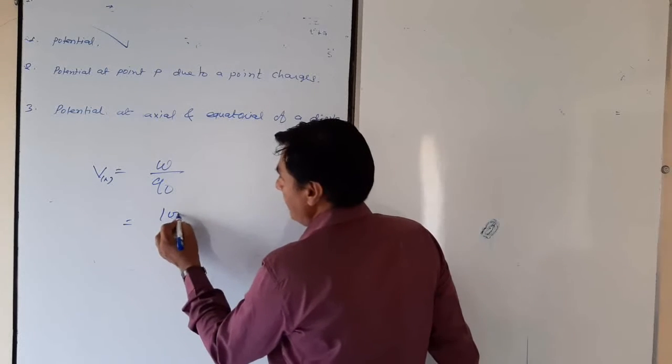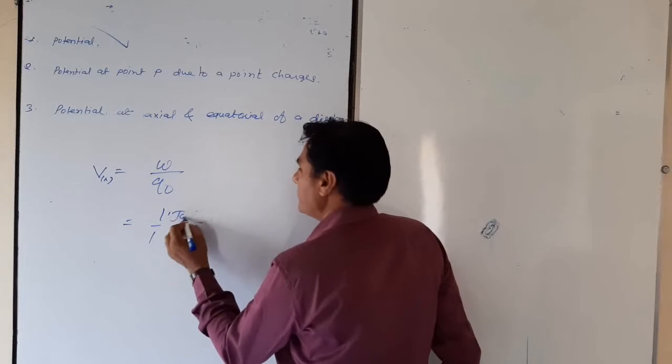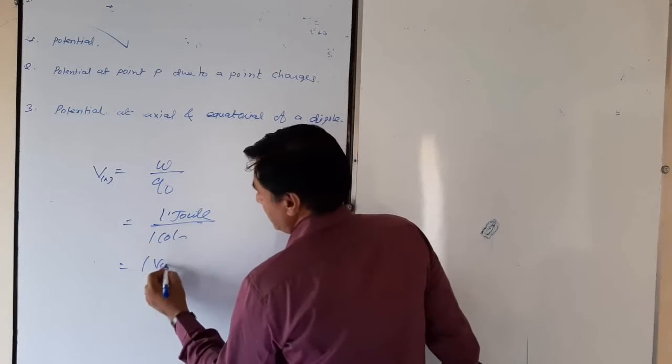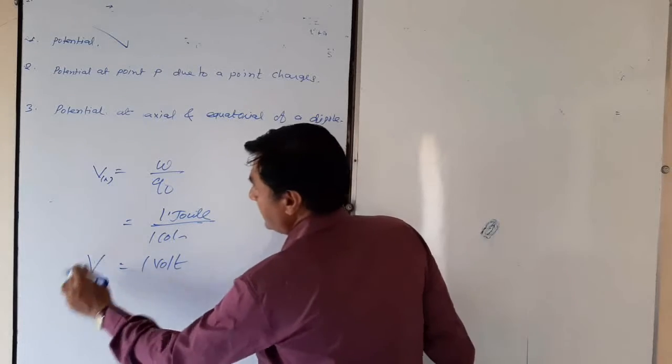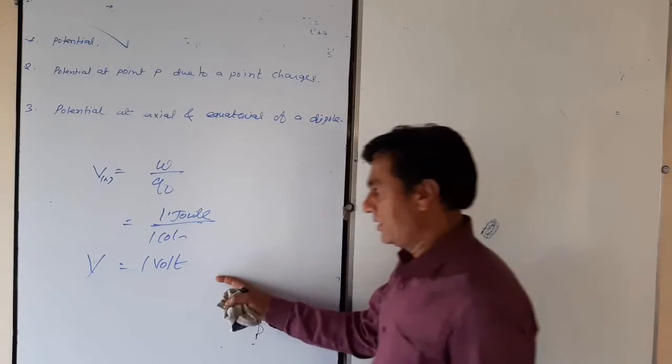1 joule per 1 coulomb is 1 volt. Potential definition, potential unit: 1 volt.